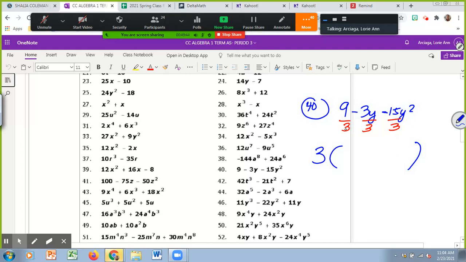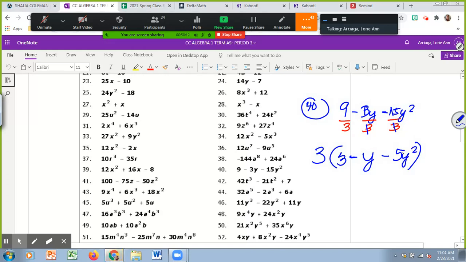So 9 divided by 3 is 3. Perfect. Then bring down the minus sign. 3y divided by 3, they cancel, you get y. And then 15 divided by 3, bring down the minus sign, 5. And then just bring down the y squared. There you go.